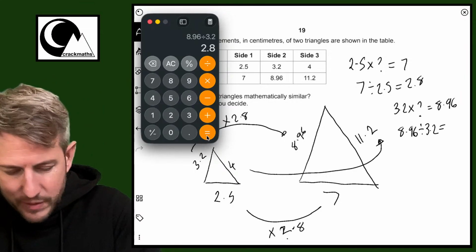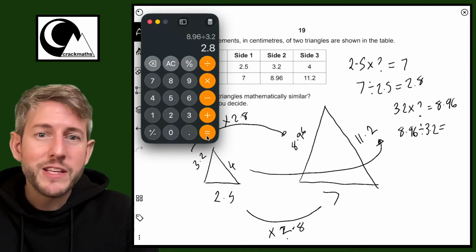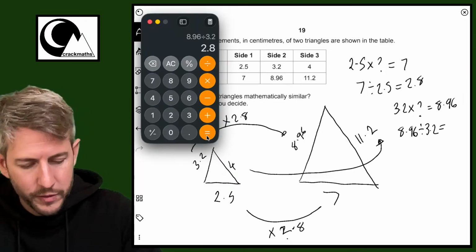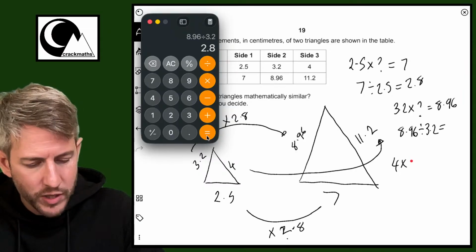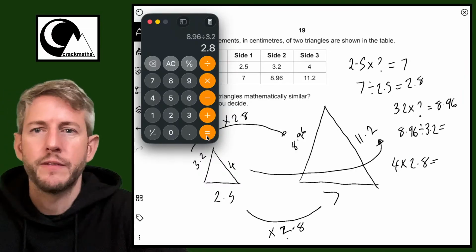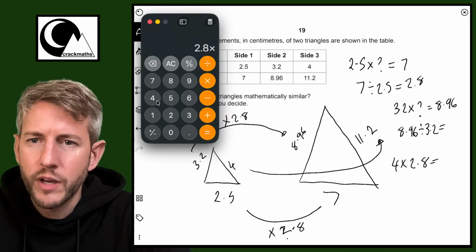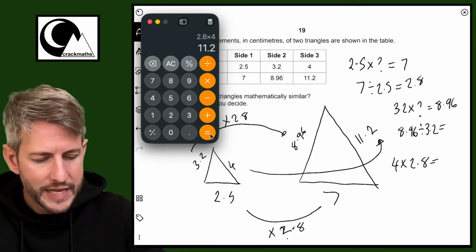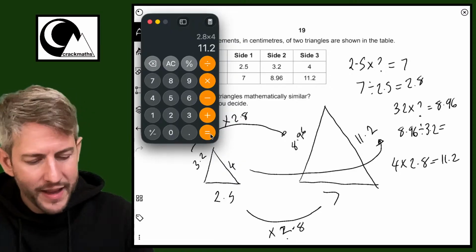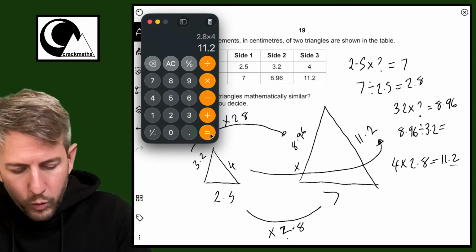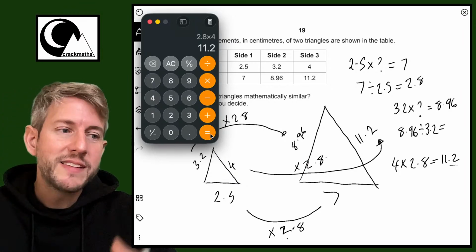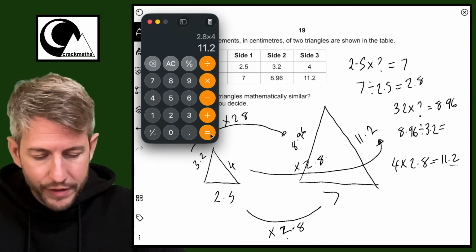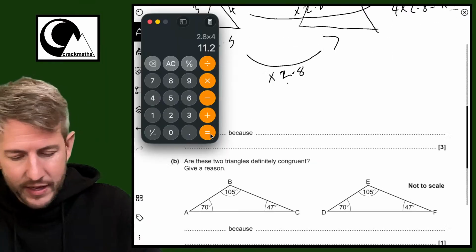Times 2.8 is looking promising. And so now let's try the 11.2. Well, actually, let's just test it out. 4 times 2.8, let's see what it gives. So 2.8 times 4 equals 11.2. Excellent, yep. So they are mathematically similar because one is a direct enlargement of the other with a scale factor.